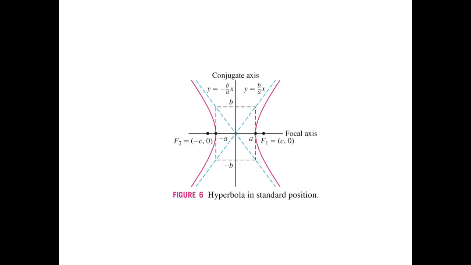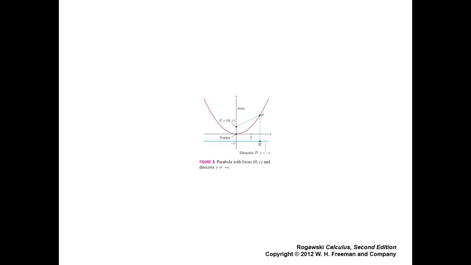Notice a is less than c. I would have thought c had to be less than a, but I don't see that happening here. So c over a is greater than 1 in the hyperbola, and in the ellipse, c over a is less than 1, between 0 and 1. Okay.